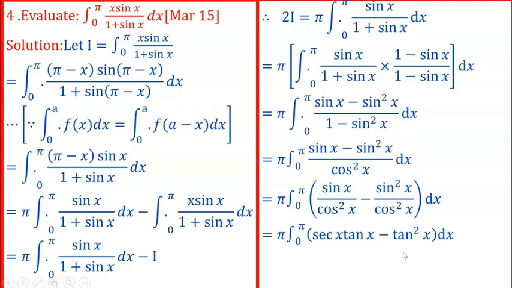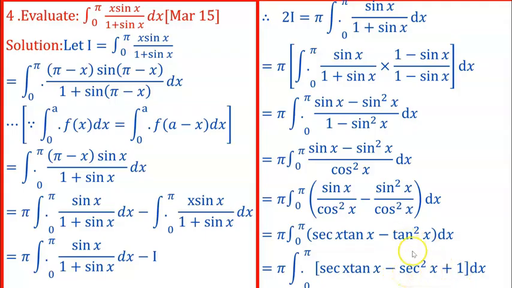Okay, now we will apply the formula here. See this here, that is sec x into tan x. What about here? Tan square x means, in bracket, sec square x minus 1, and if you open the bracket, then you will have here sec square x plus 1.